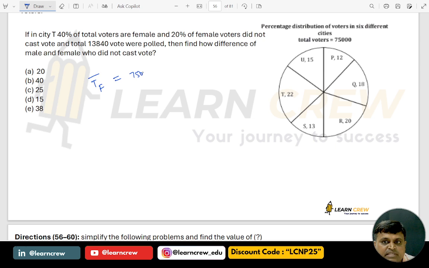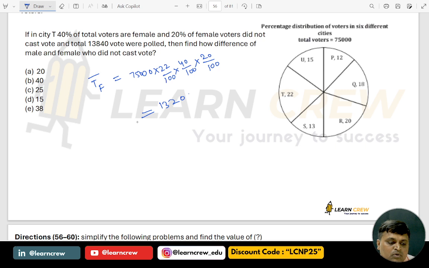Out of 75,000, 22% have to cast for them, but 40% of total voters are females. Okay, out of them 20% did not vote. This figure is how much?